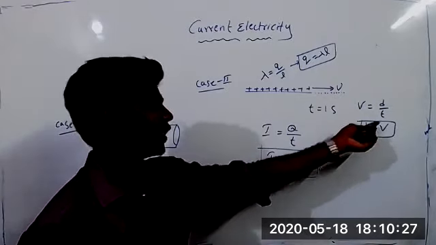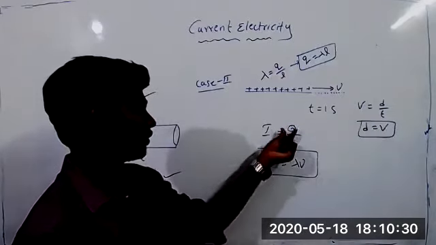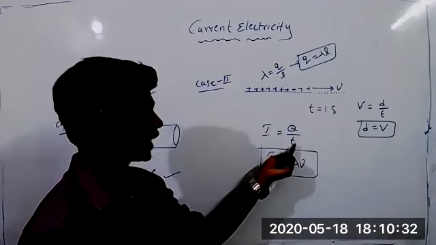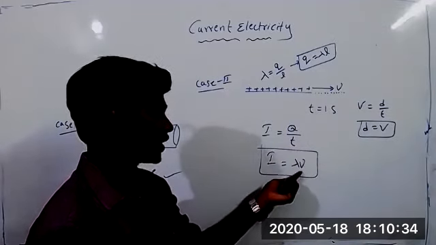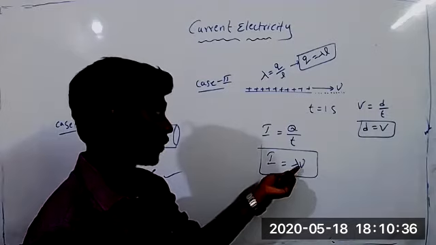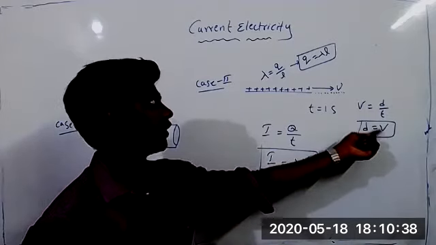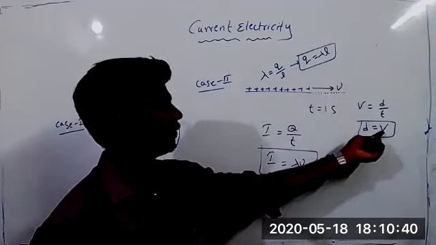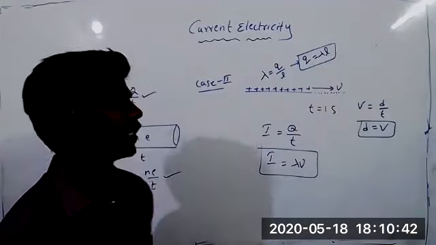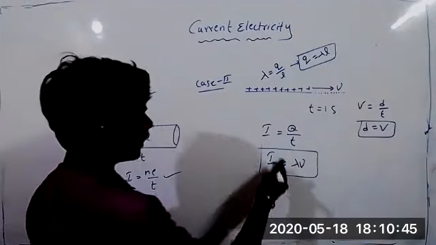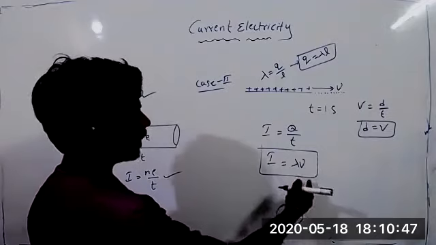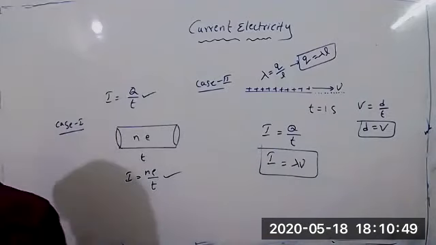From this, D is equal to v itself. How much charge is moving? Lambda into v. This much charge is flowing in 1 second. That is called current itself, so I is equal to lambda v, because here we have taken time equal to 1 second.